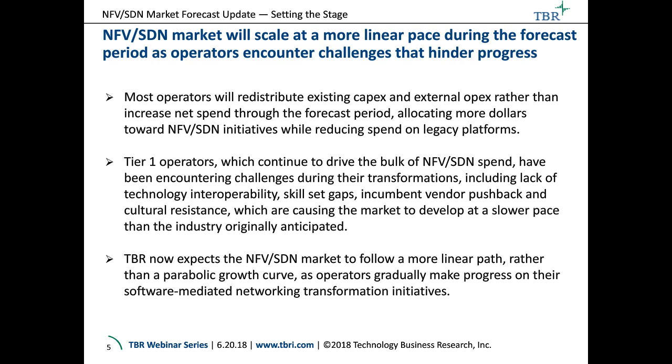This is not easy stuff to migrate towards. It requires significant changes in skill sets of the employees. It requires understanding of software-oriented architectures, so programming skills are very important here. It requires an understanding of the convergence of CT and IT technologies. It requires an understanding of cloud-based frameworks and those delivery models.